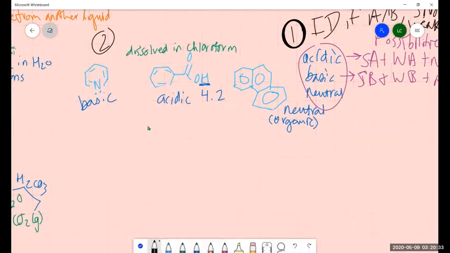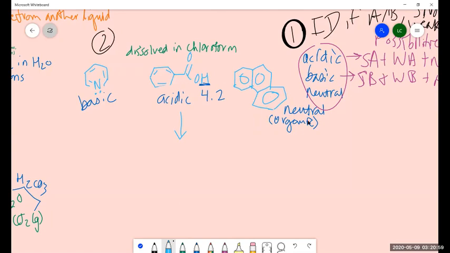Okay, and then from here, when you have acid or base, it doesn't matter what step you do first. I want to separate out either the acid or base first. I'm going to have to separate out these two because the neutral compound is always going to be extracted last because it doesn't move. The organic compound will just stay dissolved in your chloroform.